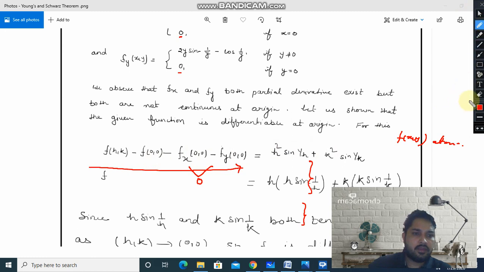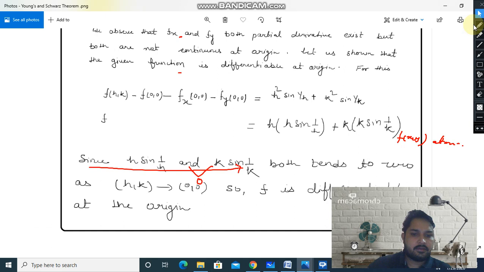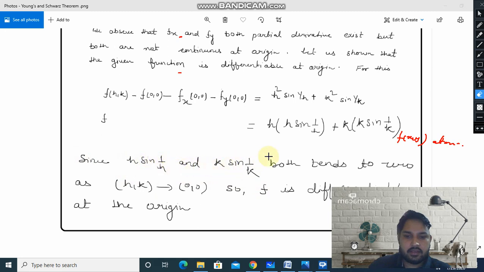So from here we can write h squared sine 1 upon h like this, h into h sine 1 upon h plus k into k sine 1 upon k. Now we observe that h sine 1 upon h and k sine 1 upon k both tend to 0 as (h,k) tends to 0.